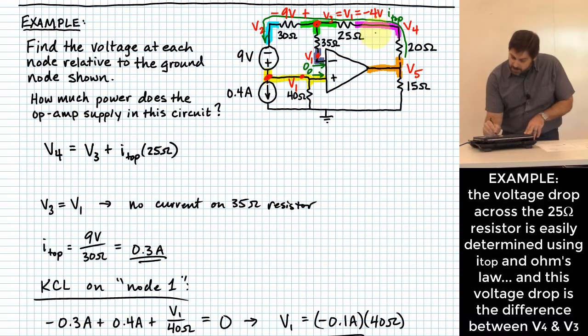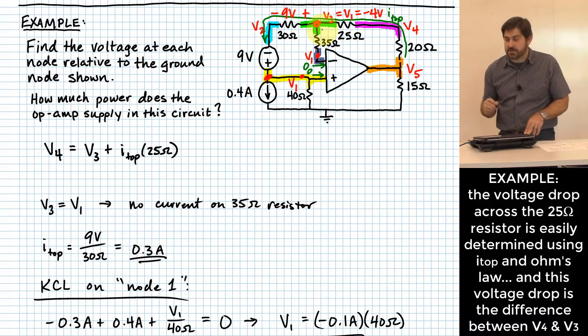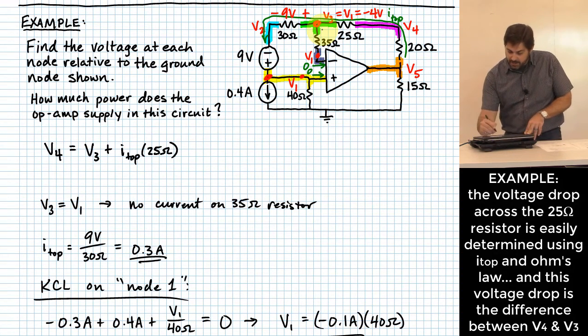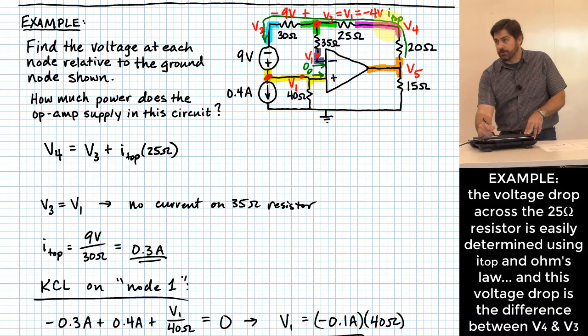I know how much current is flowing through the 25 ohm resistor. That tells me how much voltage goes across the 25 ohm resistor, which I add to the voltage on the green node to figure out the voltage on the purple node. Okay? Are you following me? I'm seeing a few blank stares.